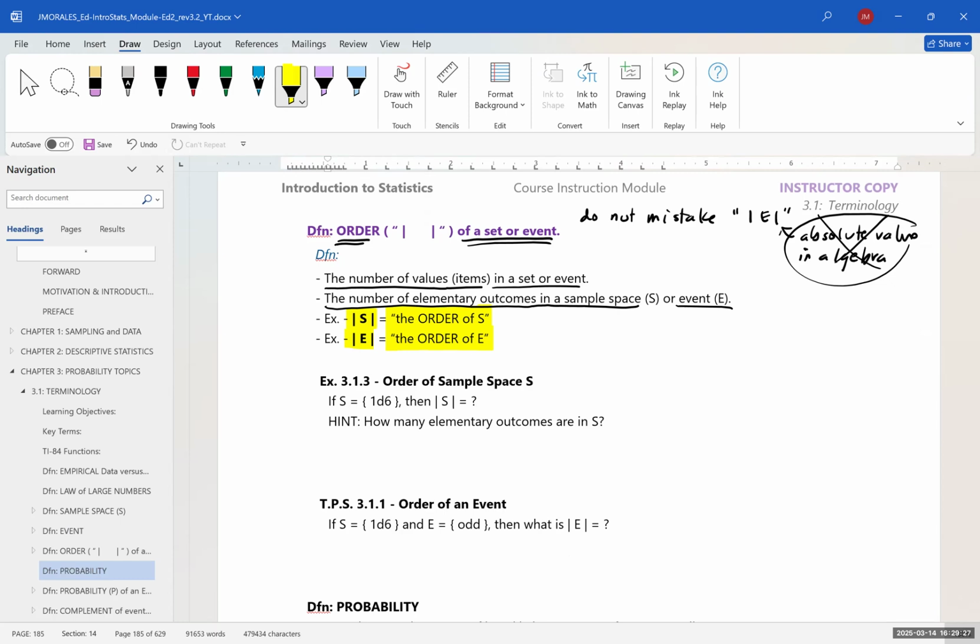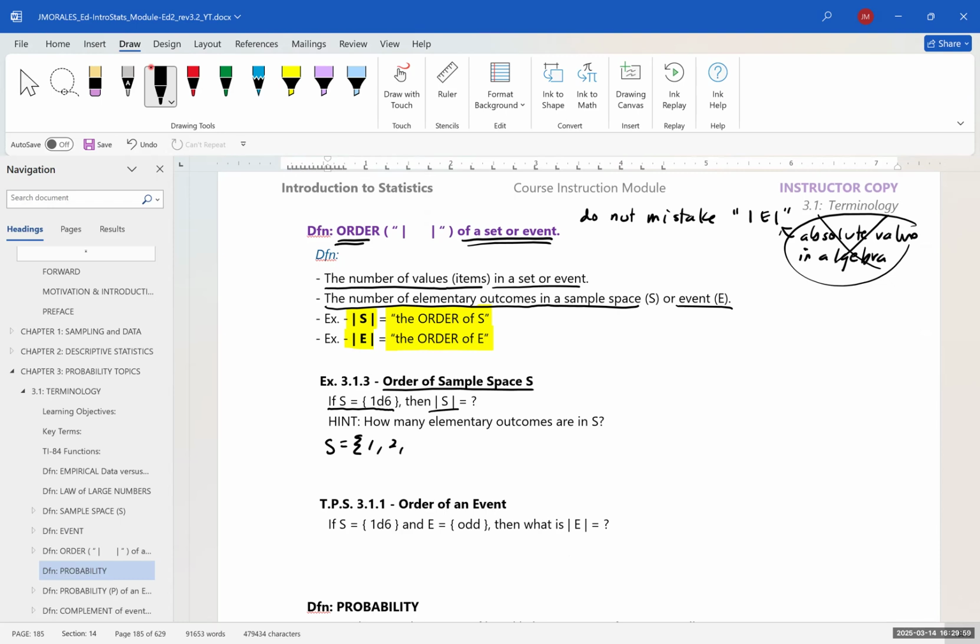So let's look at an example here. Let's look at the order of the sample space. So if the sample space is composed of the sample space of a six-sided die, then what's the order? Well, let's look at all of the elementary outcomes that are on a six-sided die.